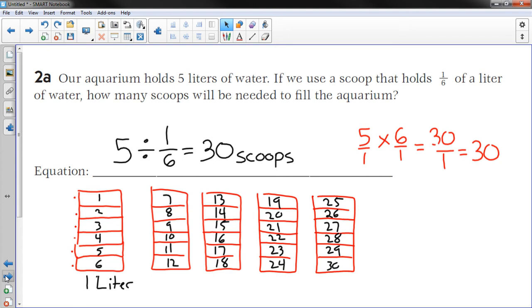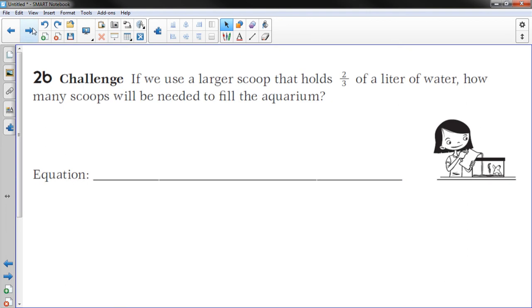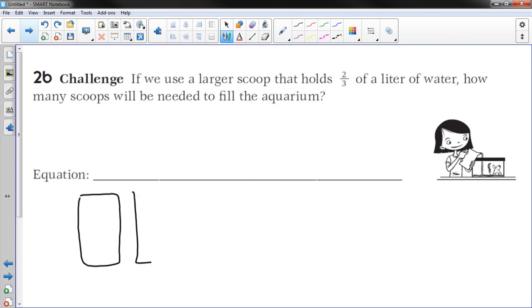One more problem. You got enough in you? 2B, challenge. If we use a larger scoop that holds 2/3 of a liter of water, how many scoops will be needed to fill the aquarium? So I'm going to draw 5 things. Oh, that one's a little skinny, huh? To represent the 5 liters.